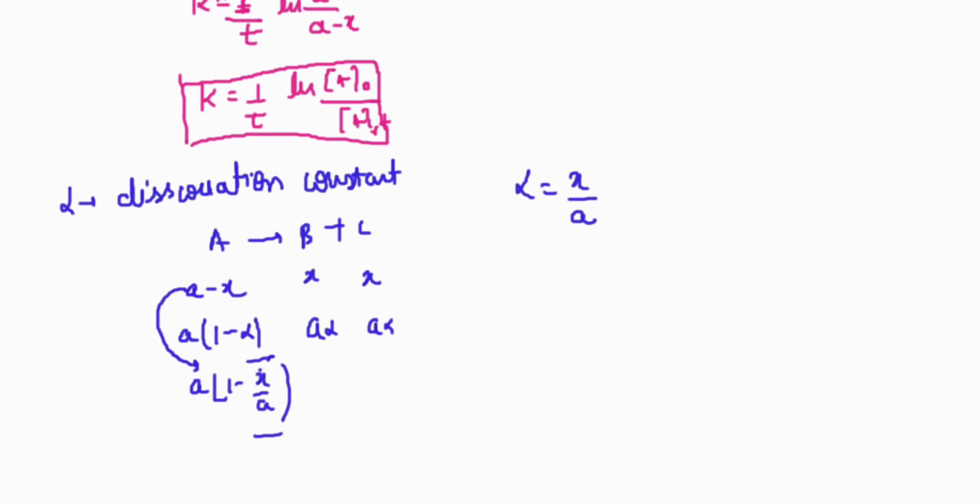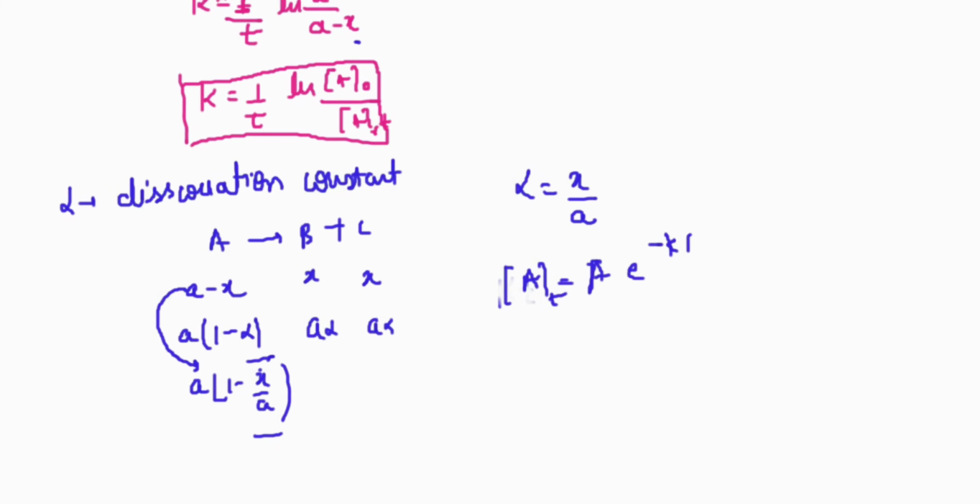Now if we see the equation ln a naught by a t equals kt, here we get a t equals a naught into e to the power minus kt.